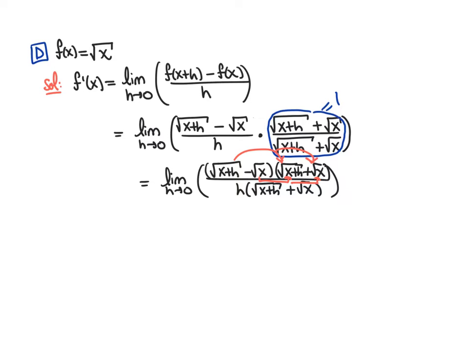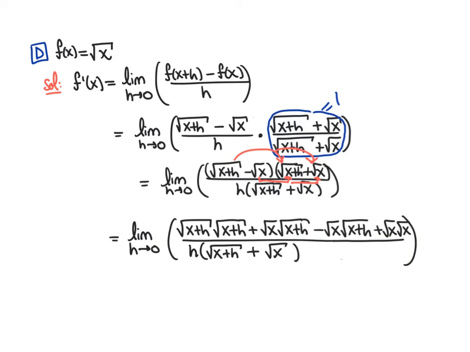All right, I'm going to pause and do that for you. Once you do that distribution, you're going to get these 4 terms that you see here. So verify that you guys can get those. And then it's nice because those inside terms are actually going to cancel. The first 2 terms, when you multiply these 2 square roots, you just end up with x plus h. And when you multiply these 2 terms, you just end up with x.